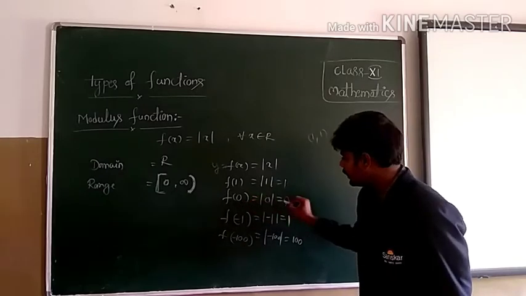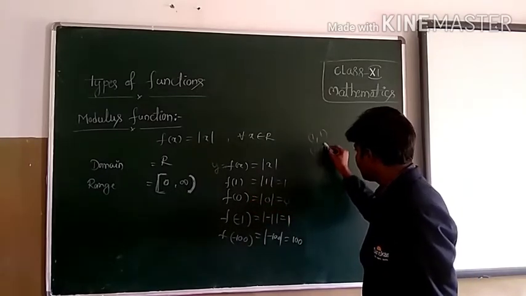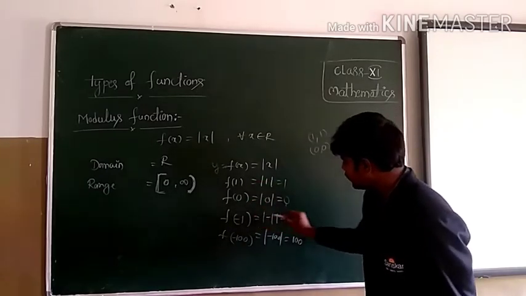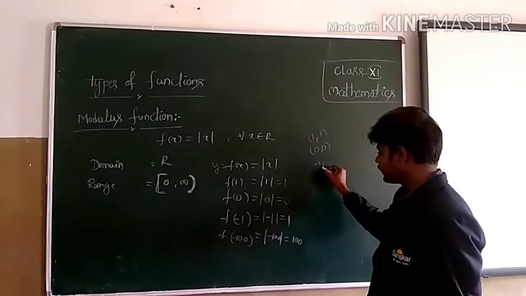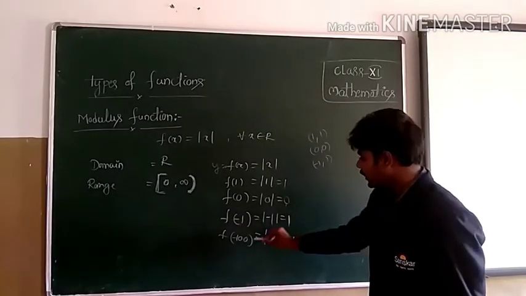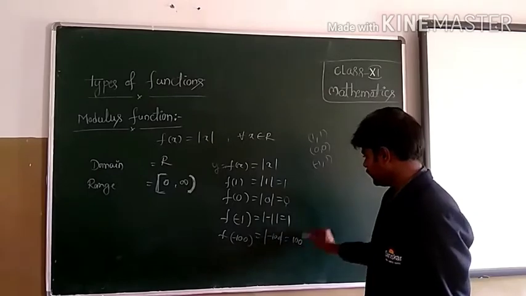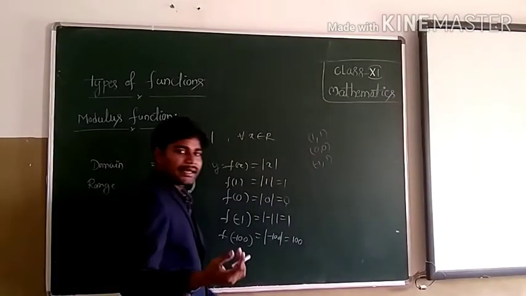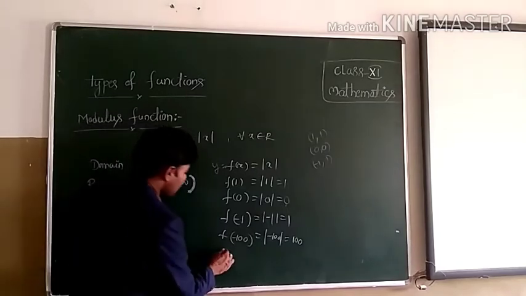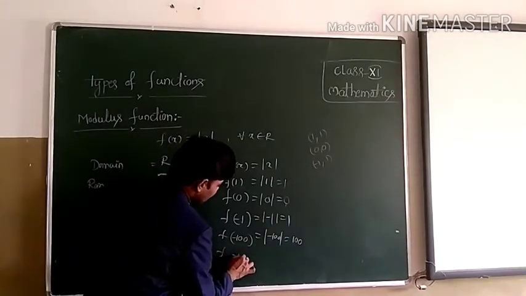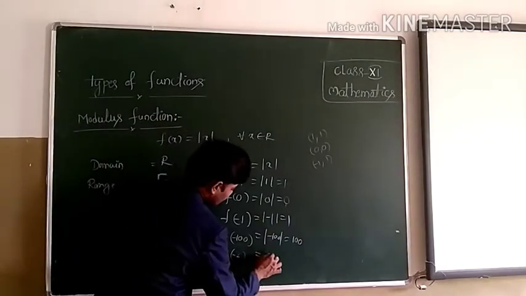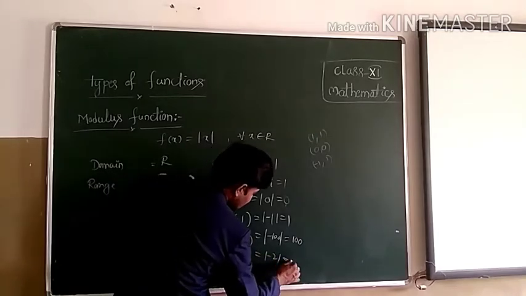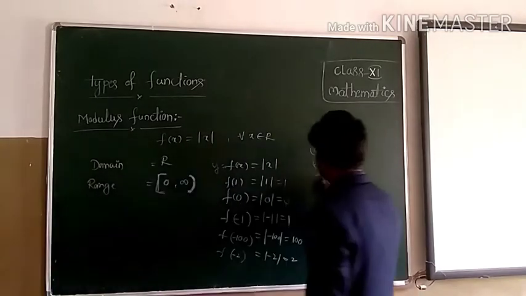Next 0, again we get 0. And x is minus 1, and y value is 1. Minus 100, we got 100. But to take small values, I will get a graph in a certain way. Suppose I consider f of minus 2, modulus of minus 2 is 2. So here minus 2 and 2.